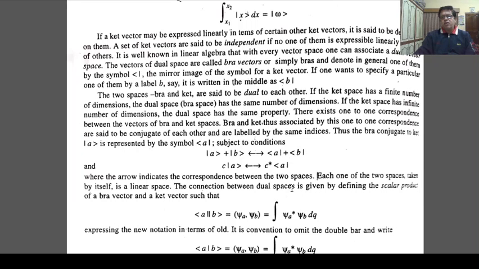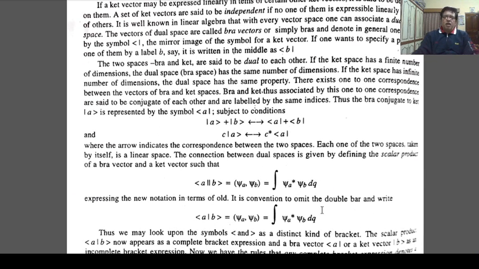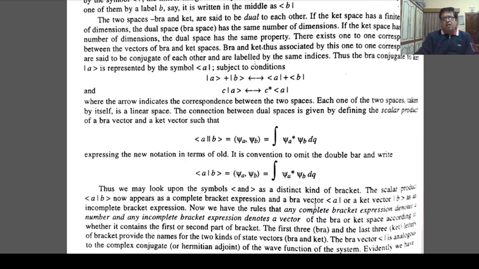The connection between dual spaces is given by defining the scalar product of a bra vector and a ket vector such that bra A ket B equals psi A dash psi B equals integral psi A star psi B dq. You can understand by this single equation easily.